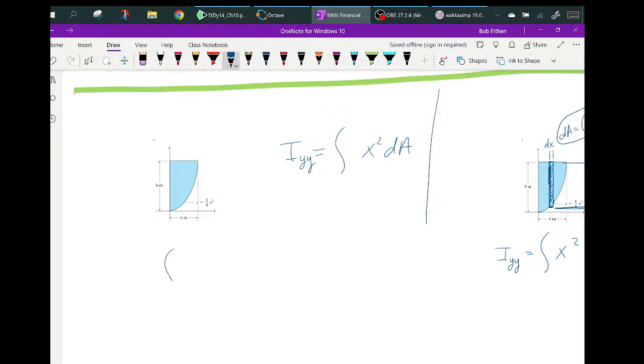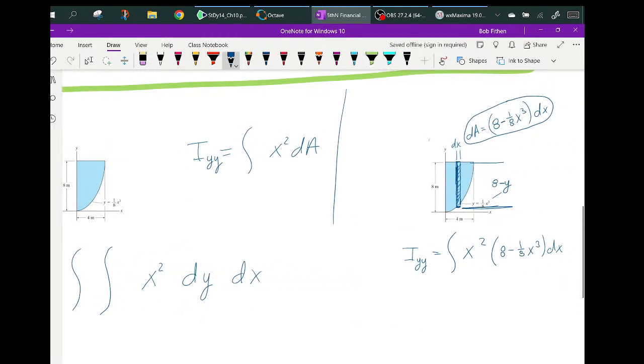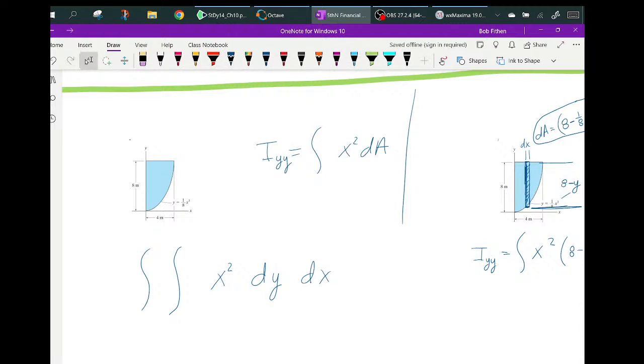Well, you got your x squared. If you want to make them independent, you can do your dy and then your dx.